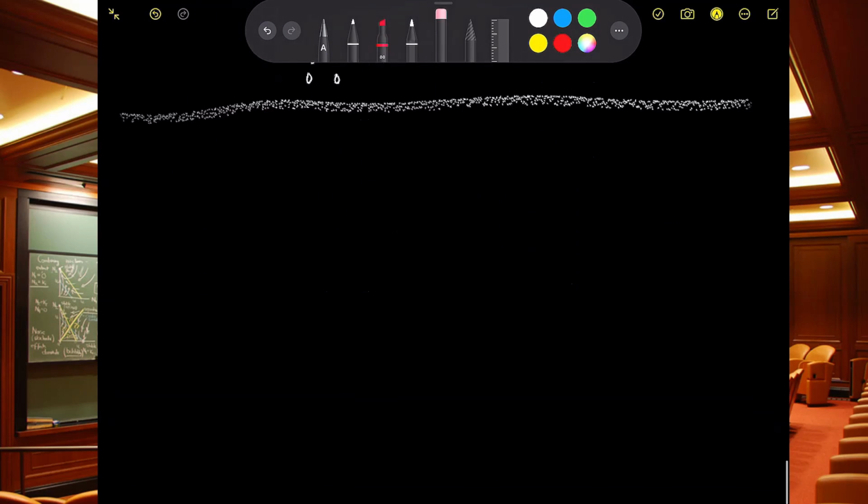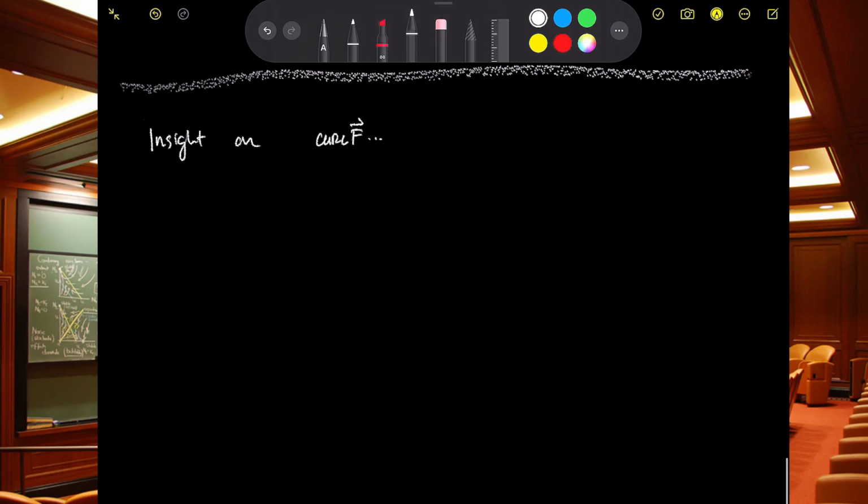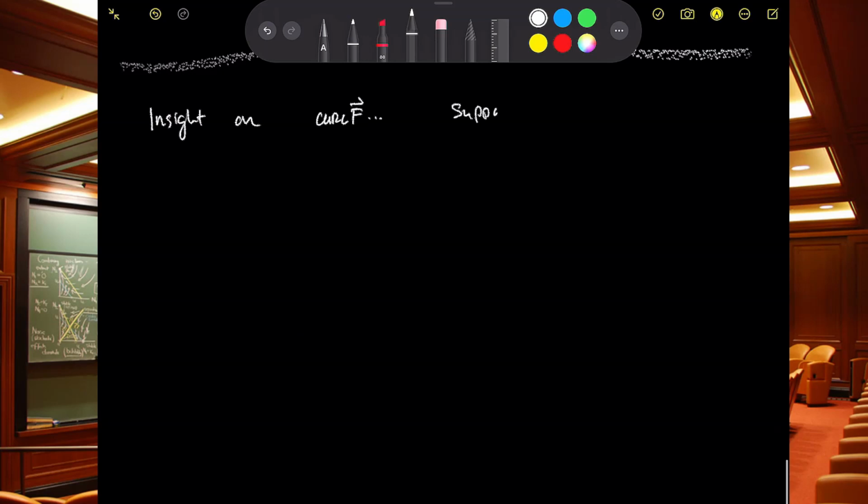So now I want to just kind of explain a little bit of insight on the curl vector. So let's suppose for a second that C is a closed path, a boundary of a surface S, and V is a velocity field of fluid flow.